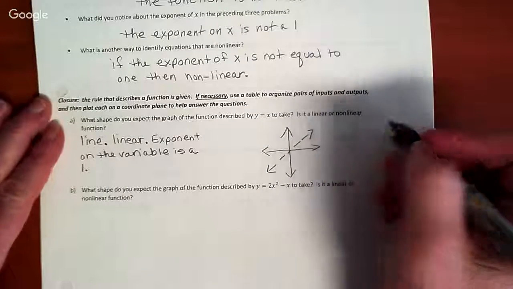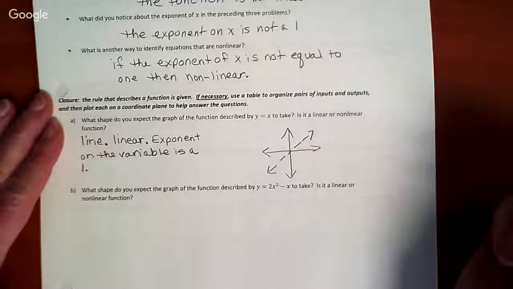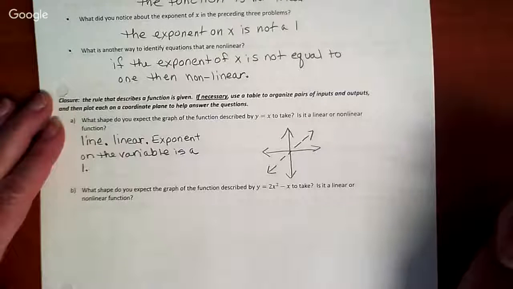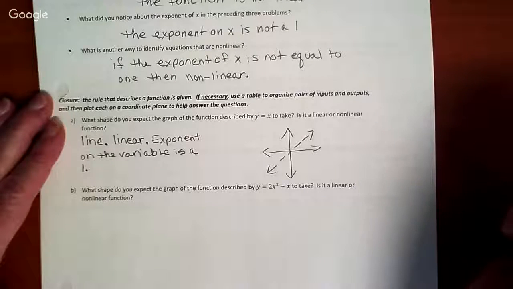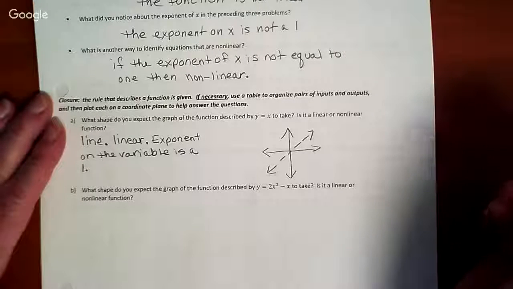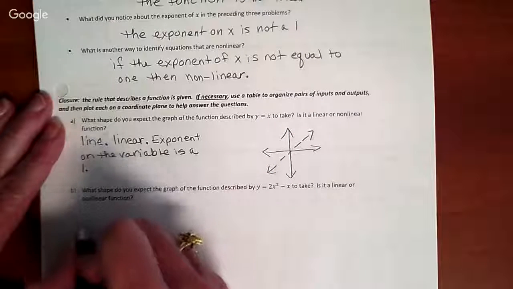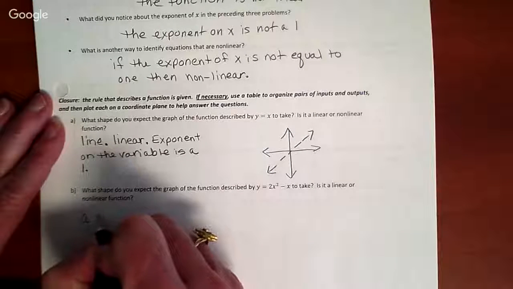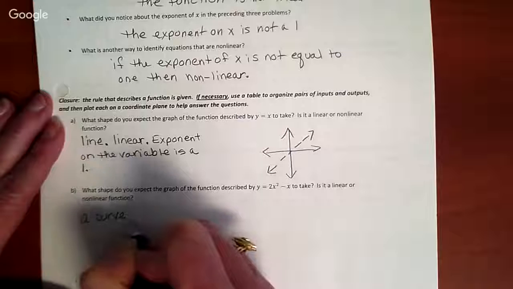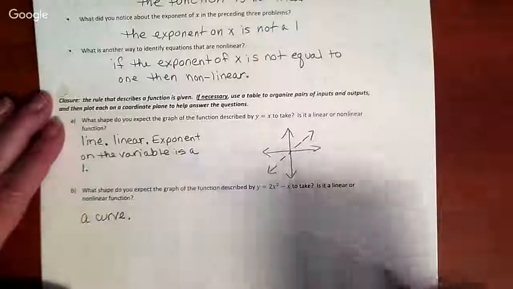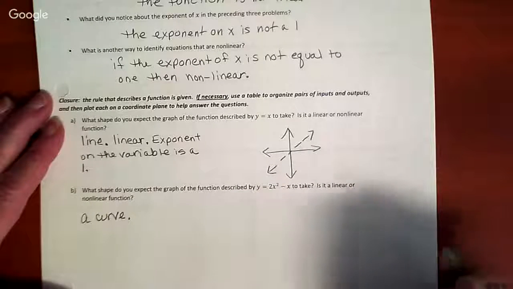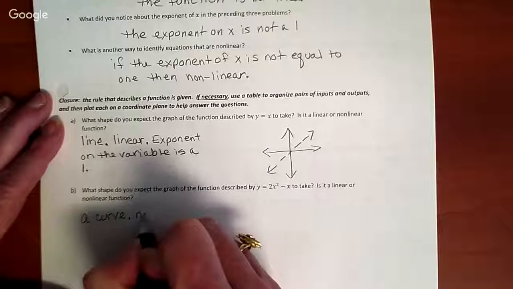Now it says, what shape do you expect the graph of the function described by y equals 2x squared minus x to take? The graph, we would expect it to be a curve. Is it linear or nonlinear? We would expect it to be nonlinear.